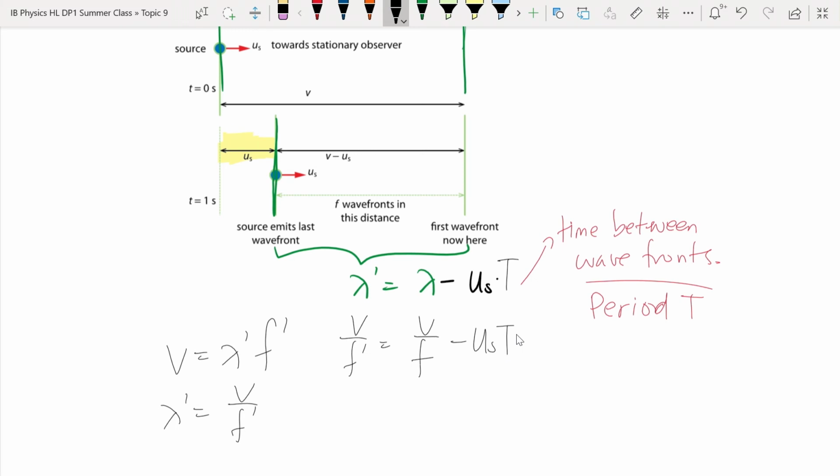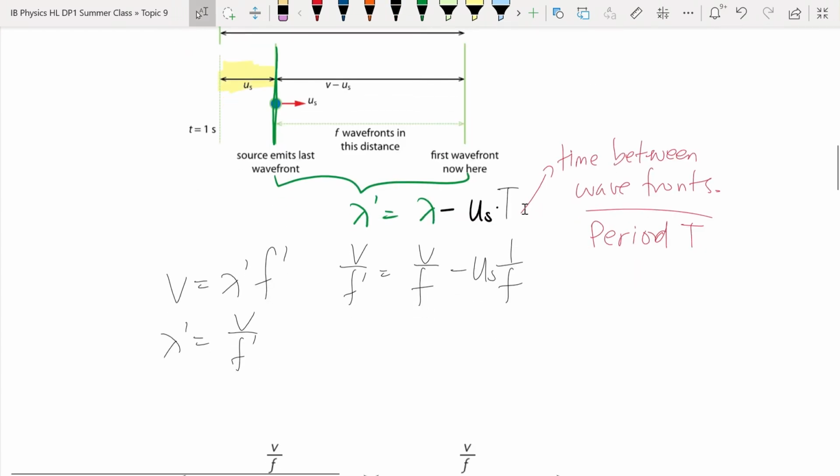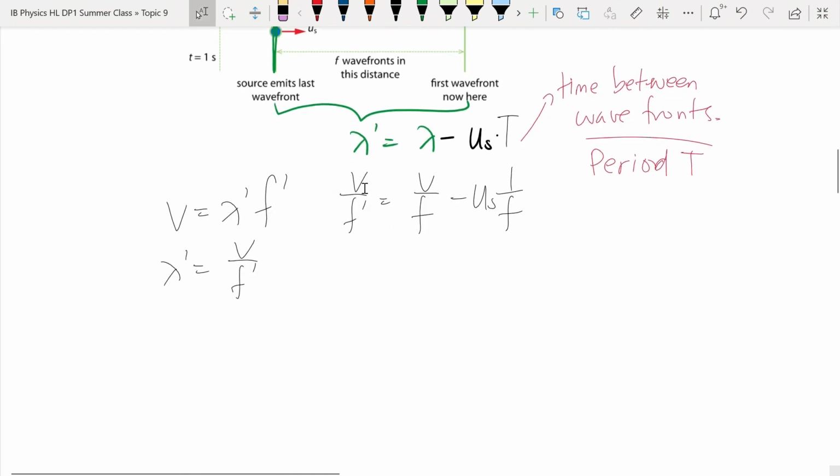right? This is the old period, so let's replace this also with 1 over f, right? The old frequency. Now, if you want an equation for the new frequency f prime, this is probably not it, right? You want to probably get f prime on one side and everything else on the other side.